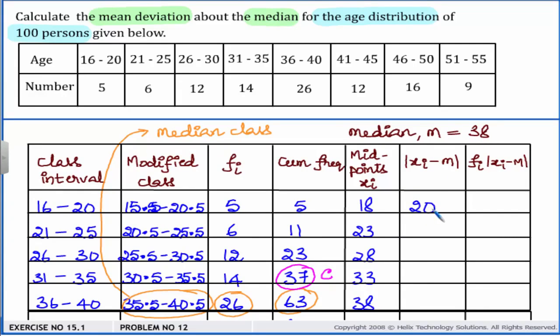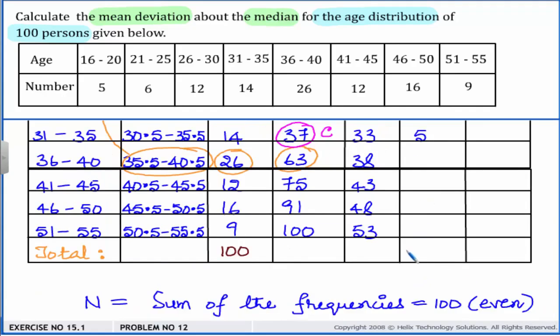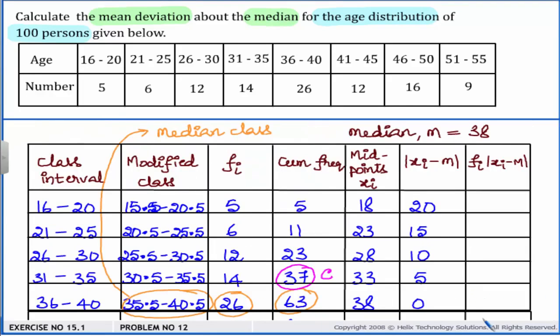Likewise, we can calculate the rest of the absolute values. Here we will be getting 0 and here we will be getting 5 and 10, 15. Now let us find out Fi into modulus of xi minus m, where m is the median, which is equal to 38.